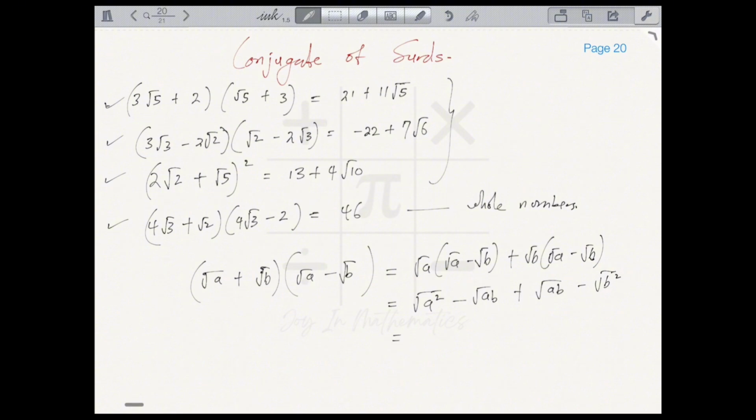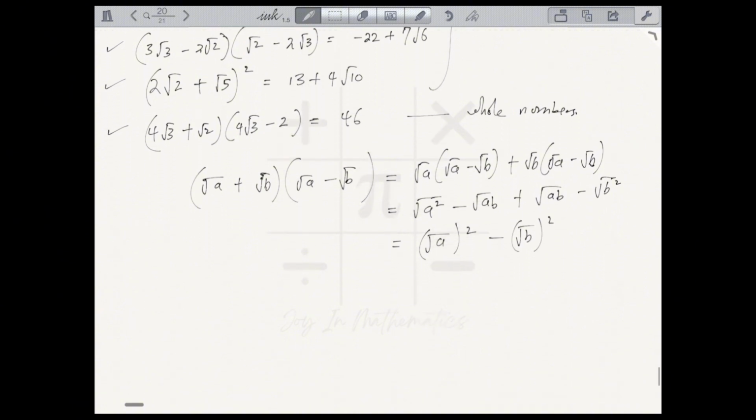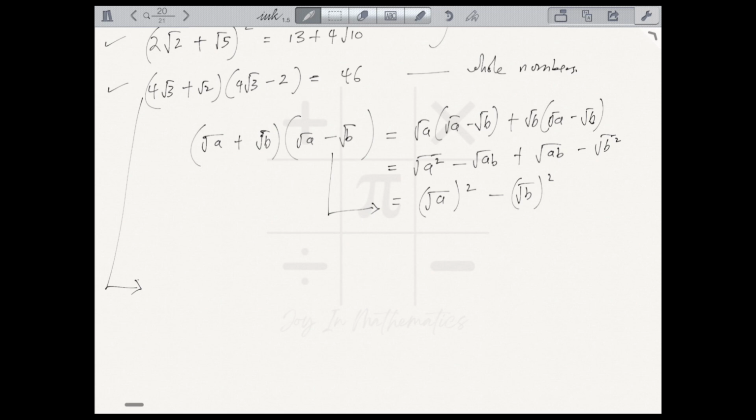Root ab minus root ab will nullify each other, and this will give us root a squared minus root b squared. So instead of going through the whole process of opening the brackets, we can just go directly from here to this. Before we proceed to the next thing, let's try this now.